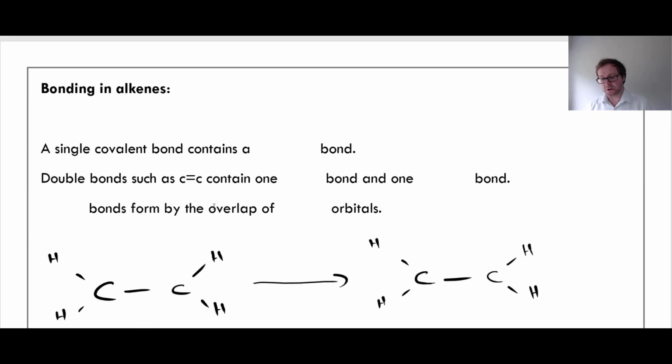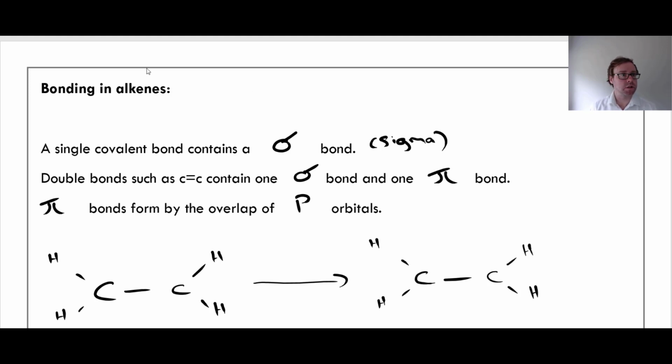Right, moving on. So, bonding in alkenes. A single covalent bond contains a sigma bond. Double bonds, such as a carbon-carbon double bond, contain one sigma bond and one pi bond. Pi bonds are formed by the overlap of p orbitals, and I'm going to have a go at drawing these for you.